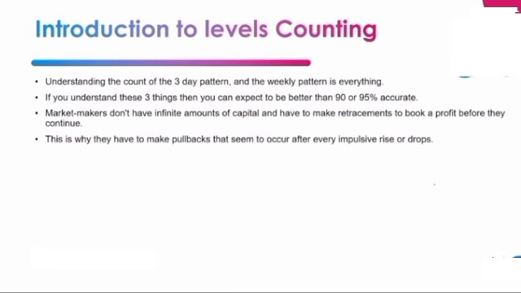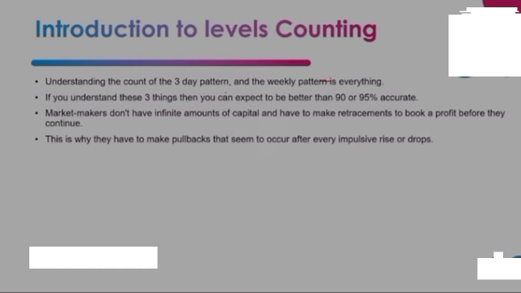Here's the introduction to levels counting. Understanding the count of the 3-day pattern and the weekly pattern is everything. One who can understand how to count levels has a higher probability of getting most of his or her trades correct.